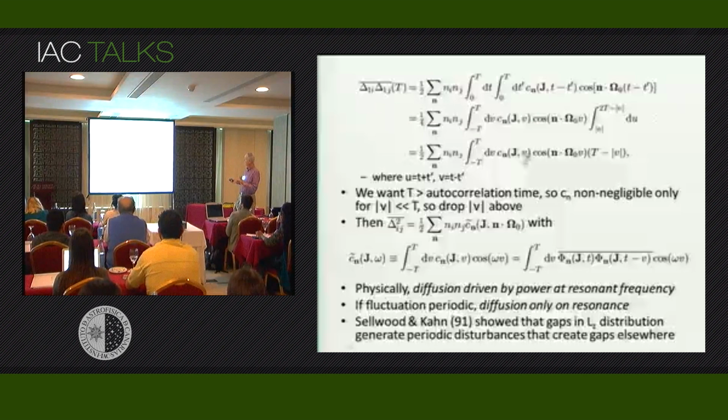Because this is telling me how much correlation there is in time lagged v, and this is by hypothesis going to be 0 when v is on the order of T, and in fact it'll be 0 if we can make T sufficiently big that we can basically neglect this term with respect to this. So we rub that out, and then this T simply comes outside the integral, and we find that the variance of the changes in the actions is now proportional to big T, which is the time over which we have waited.